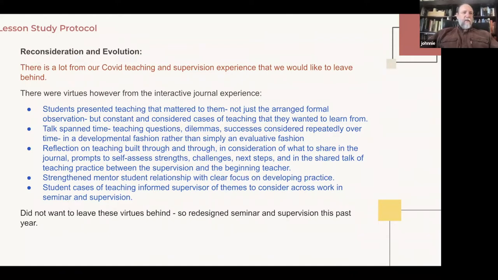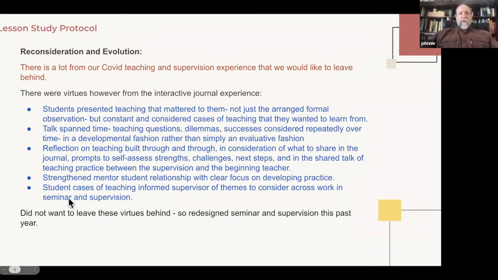And in this case, with the supervision journal, it did that work too. It allowed the student teacher to say what mattered to them. And the other piece that comes up in recent years for me too is, as much as we want our student teachers to offer choice to the students they're teaching, what kinds of choice do we offer our student teachers? So in this case, they get to choose the case of teaching that matters to them.